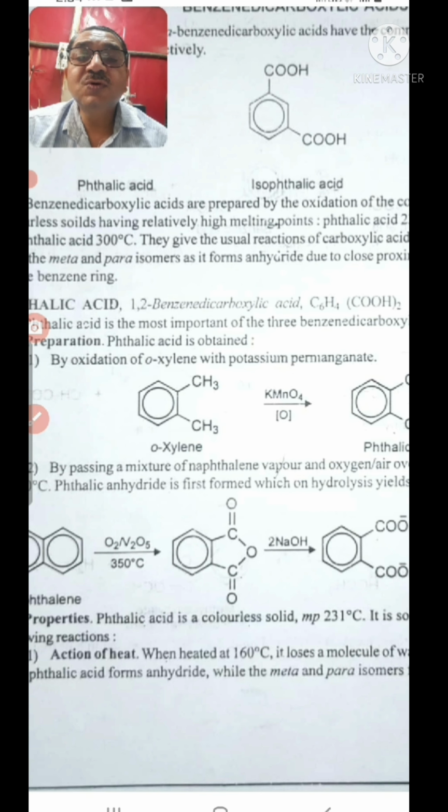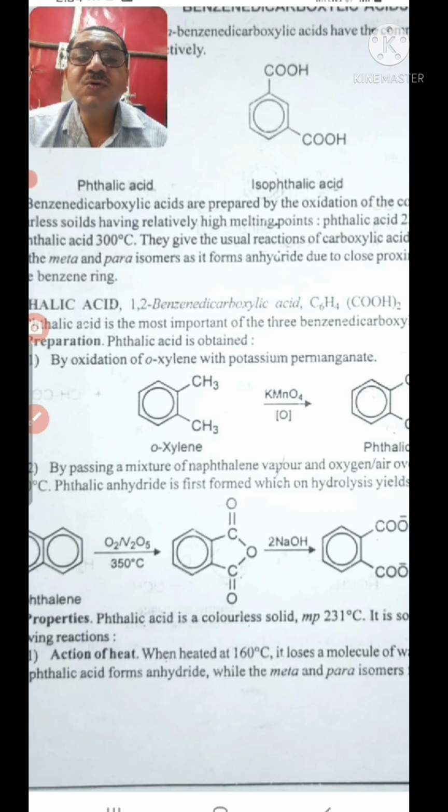When naphthalene vapor and oxygen or air over vanadium pentoxide catalyst at 500 degrees centigrade is used, phthalic anhydride is first formed, which on hydrolysis yields phthalic acid.